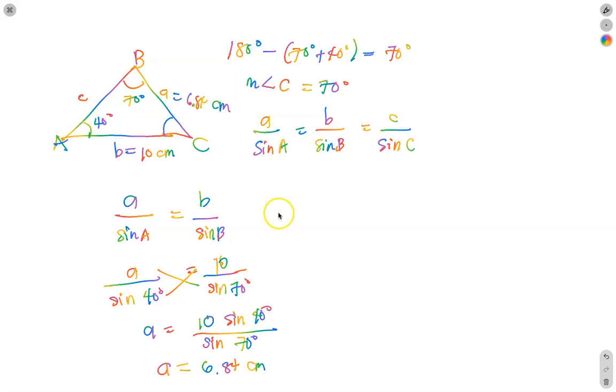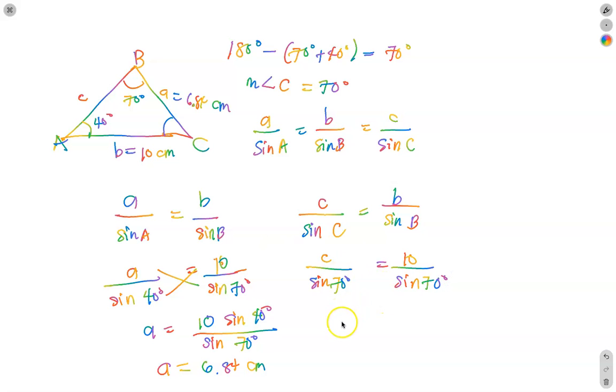Okay, now our problem is c. So we have c over sine C equals, we can either use a or b. This time let's just use b. b over sine B. So we have c over sine 70 degrees equals b, which is 10, over sine 70 degrees.